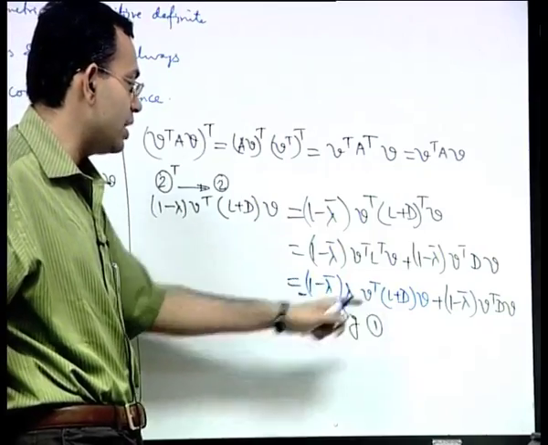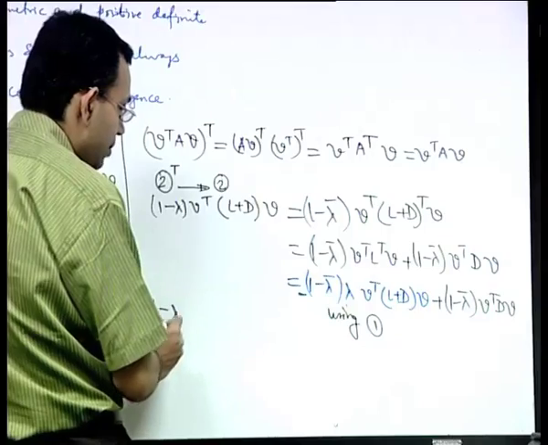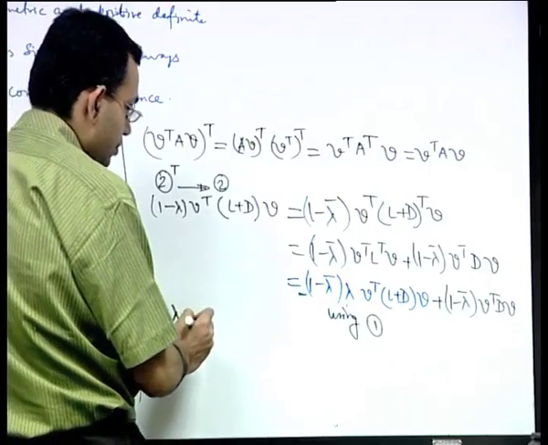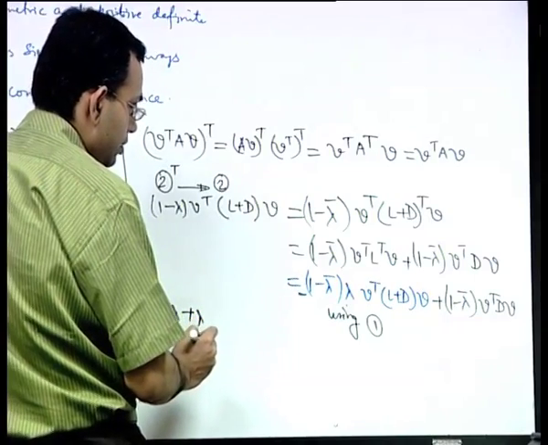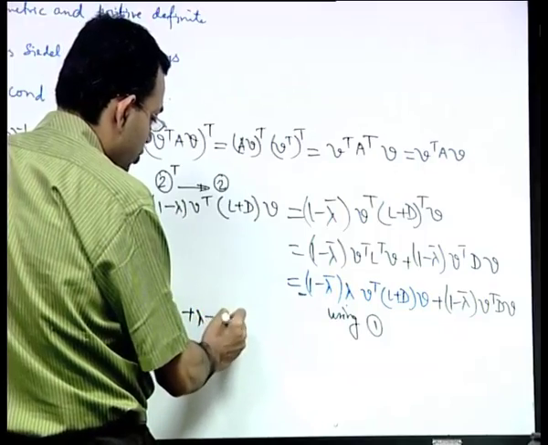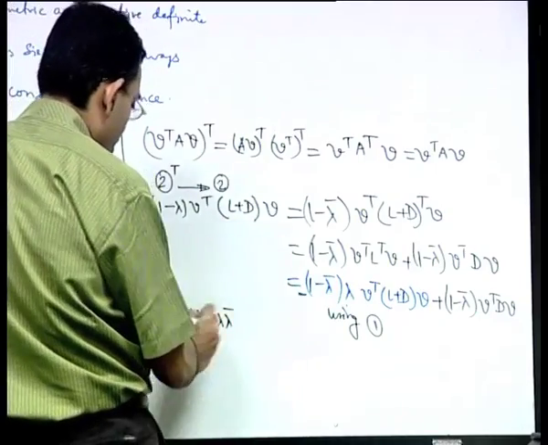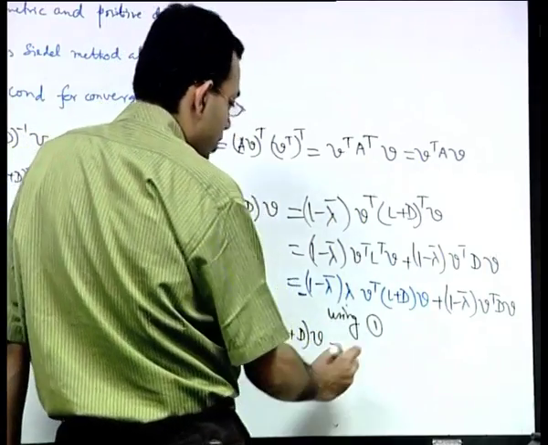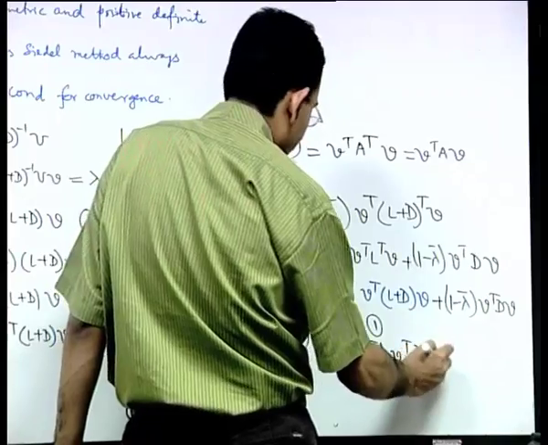If you take that as common, then you have 1 minus lambda plus lambda minus lambda into lambda bar, into V transpose L plus D V, is equal to 1 minus lambda bar into V transpose D V.